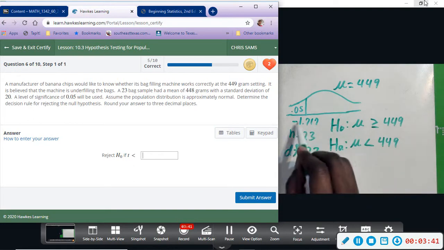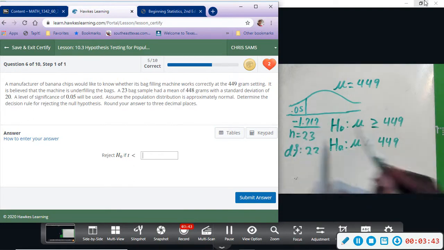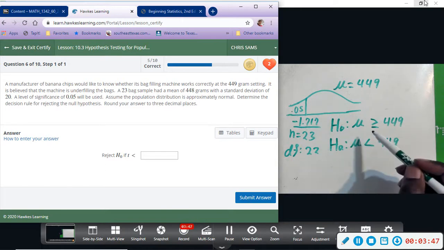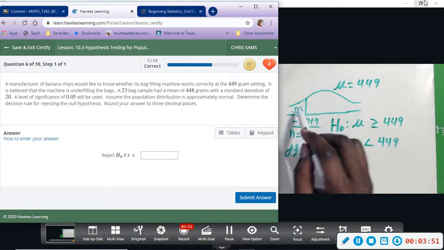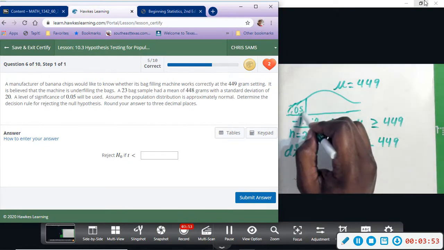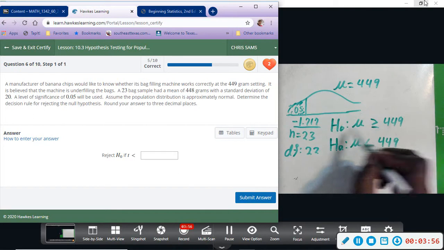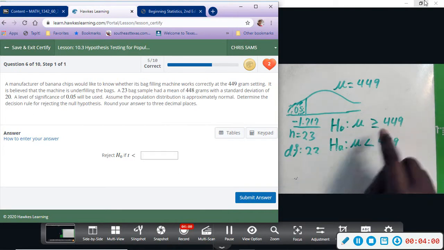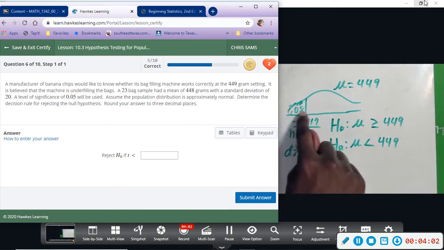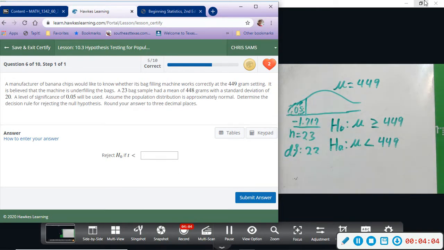So if I were to compute my actual test statistic from the rest of the data and found out that it was less than this, on the other side in this rejection region right here, then we would reject H0. That's what it's asking. You reject the claim that it's more than because it's clearly farther over, it's less than that number here. So the critical value is negative 1.717.